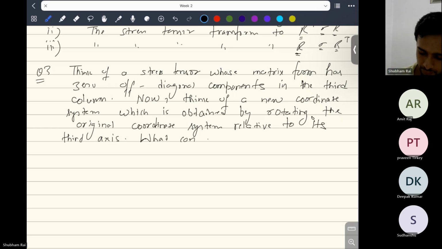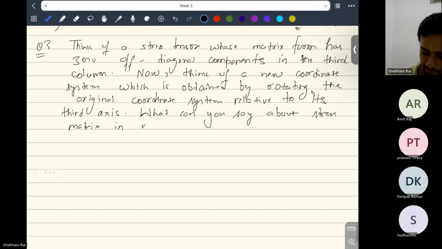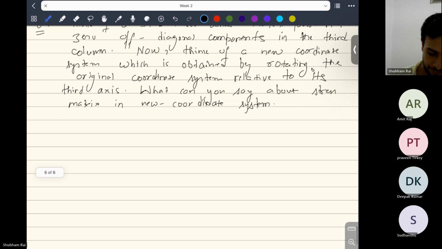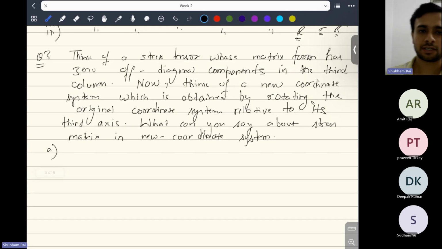What can you say about the stress matrix in the new coordinate system? We have a stress tensor whose matrix form has zero off-diagonal terms in the third column.